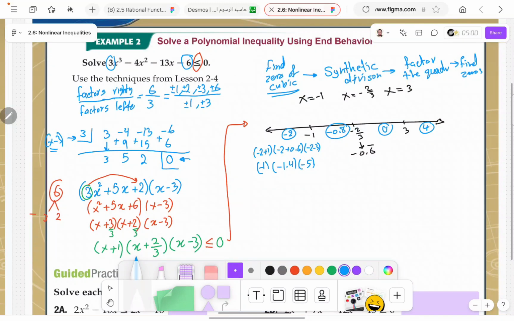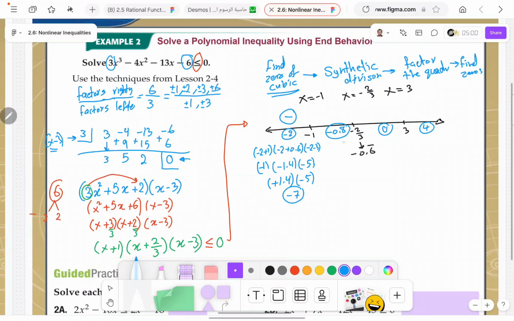Now let's multiply everything together. Negative 1 times negative 1.4 is positive 1.4, times negative 5 is negative 7. So this interval is negative.